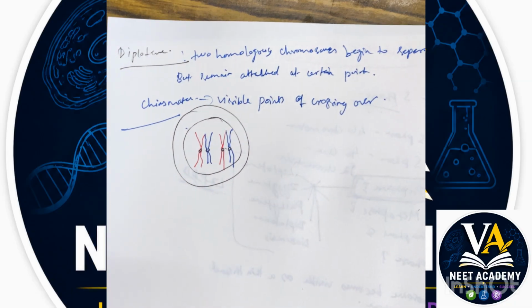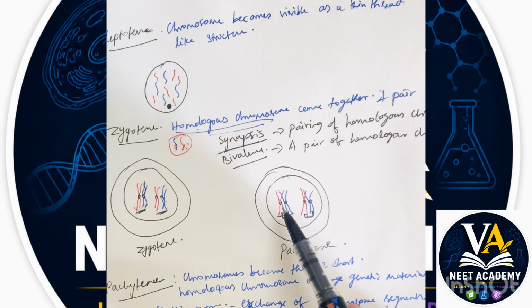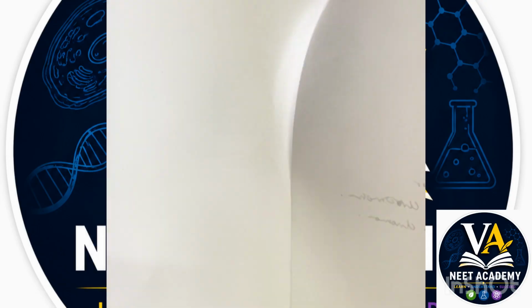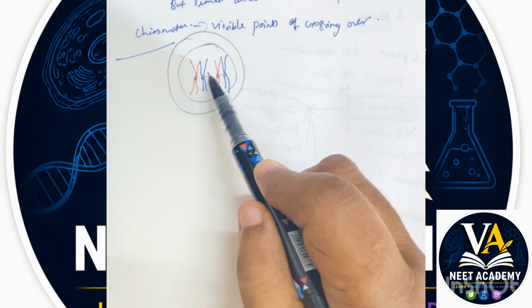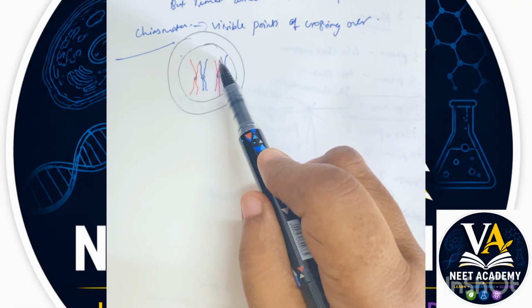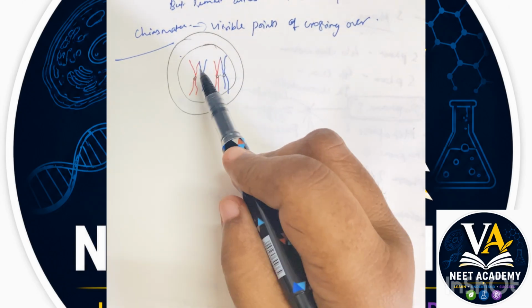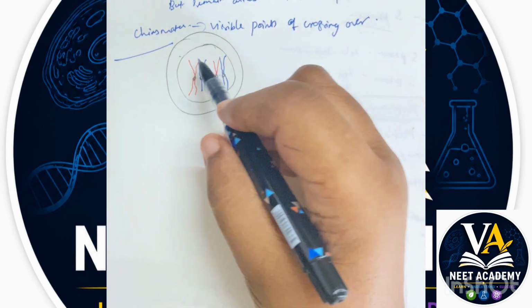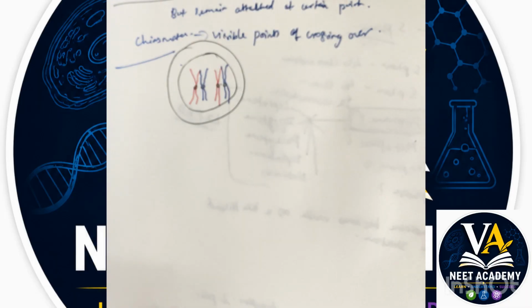In the previous stage we have seen a structure like this, where crossing over has happened. Here you can see a separation is happening. The separation has started but they are still attached at one point, and the visible point of crossing over you will see, that position is called chiasmata. I will make it clearer in the next diagram.